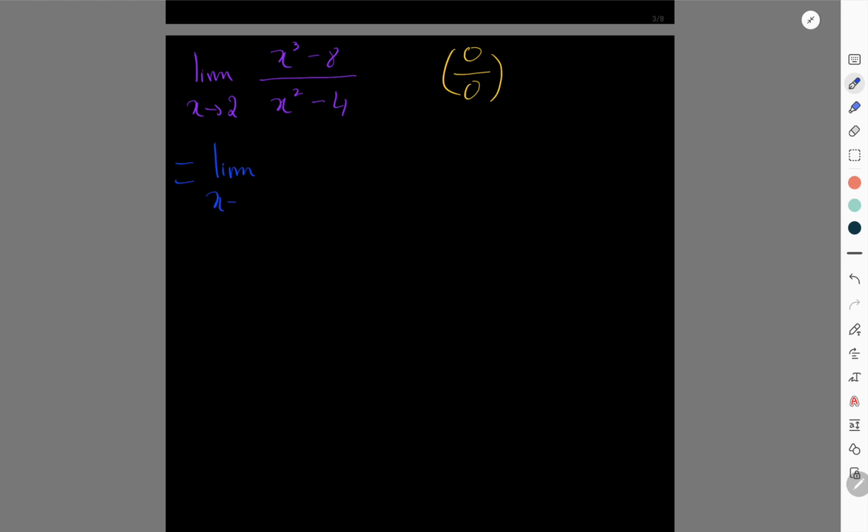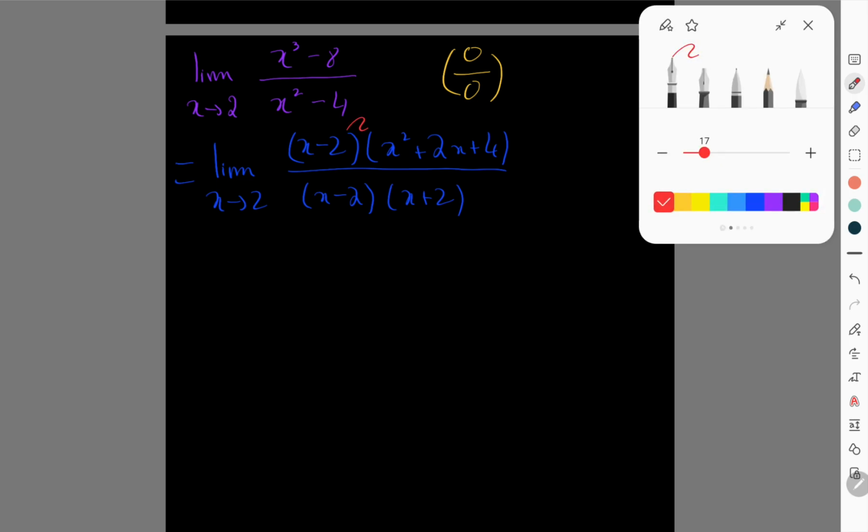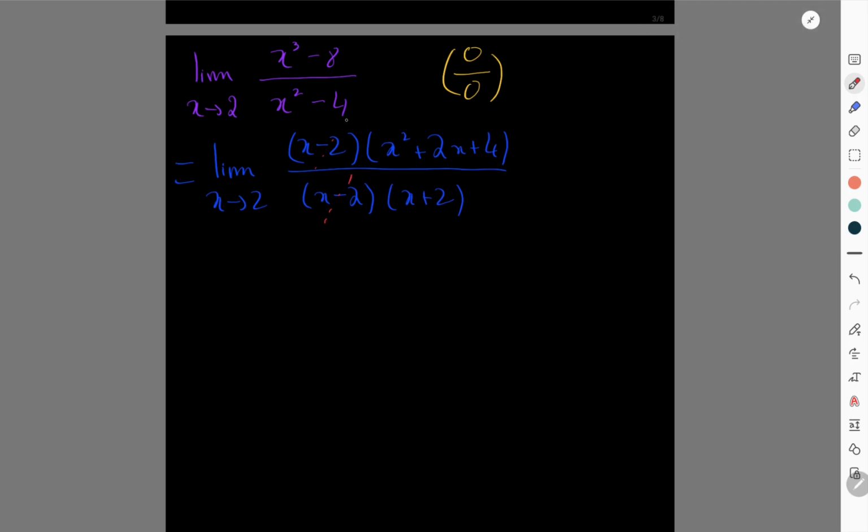That can be done by factoring x cubed minus 8 as a difference of two cubes. So this is x minus 2 times x squared plus 2x plus 4. And the bottom is very easy to factor: this is just x minus 2 times x plus 2. The x minus 2 goes away.